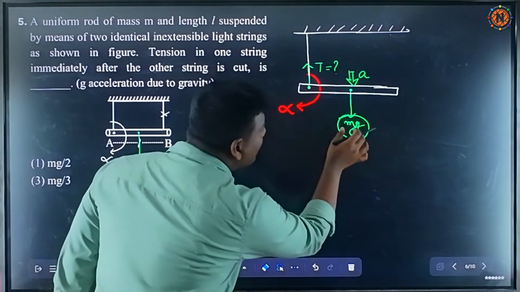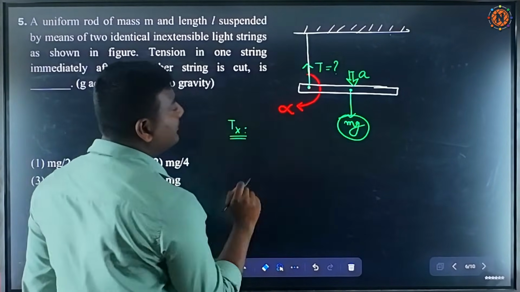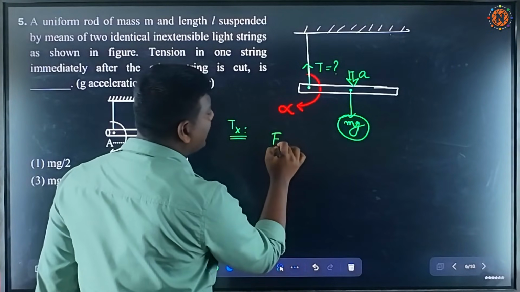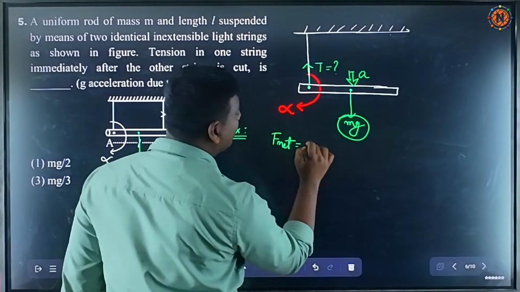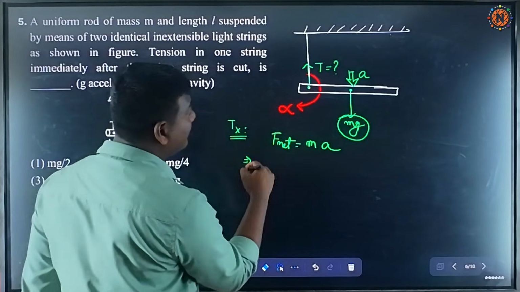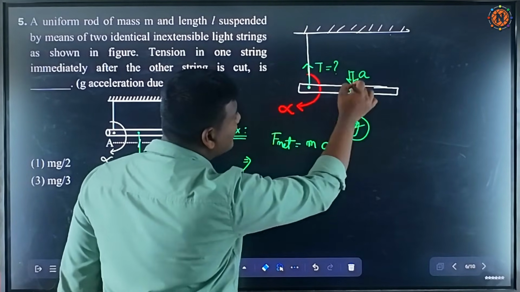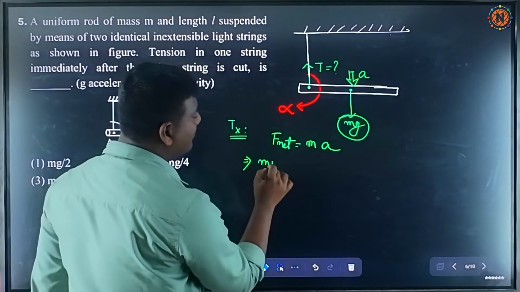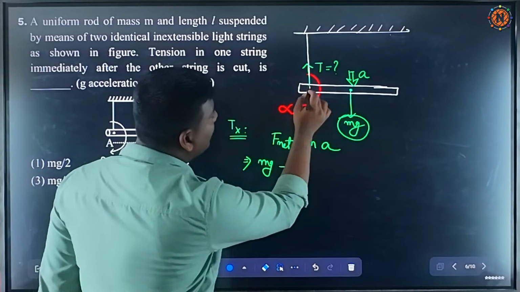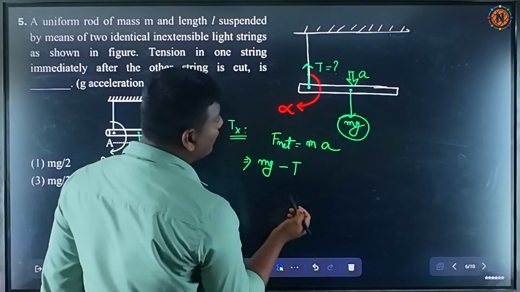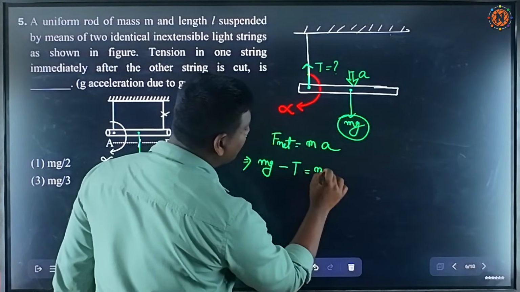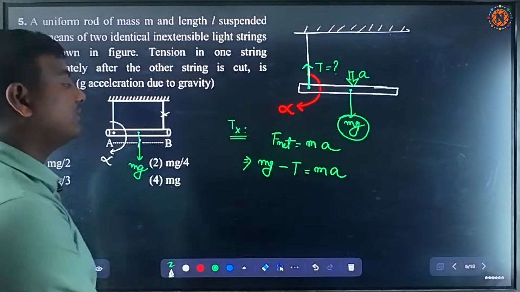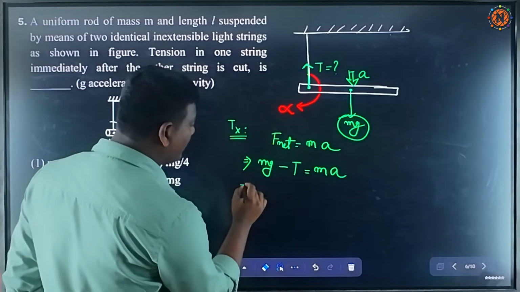So downward force minus upward force will be Ma, because we can apply Newton's second law: F net equals mass into acceleration. Since the center of mass is going downward, the downward force will be greater. So mg minus the upward force in this rod, T, equals mass into acceleration of the center of mass.